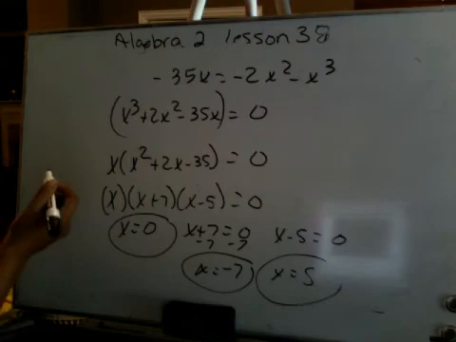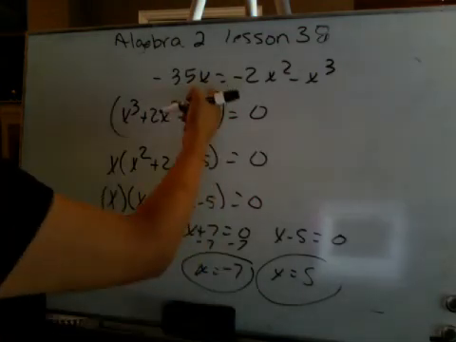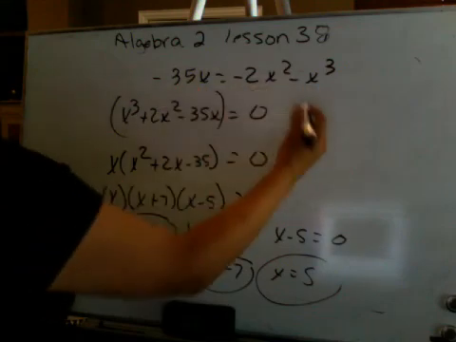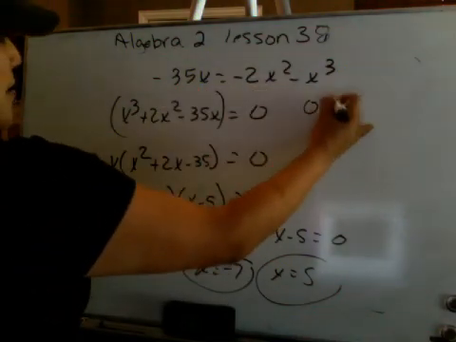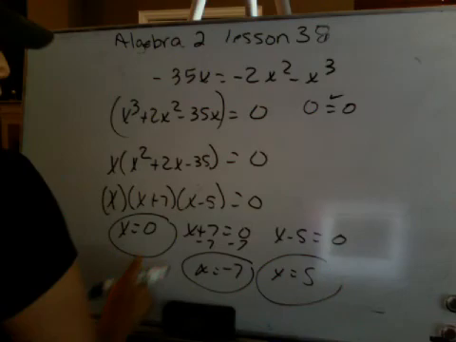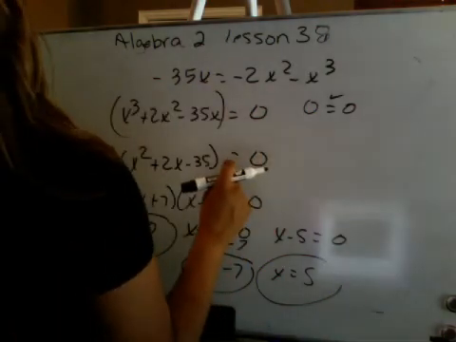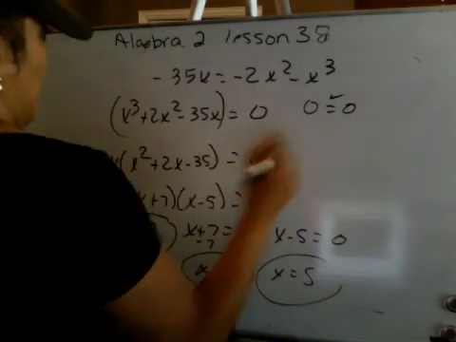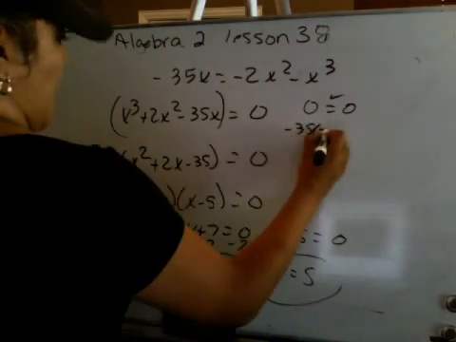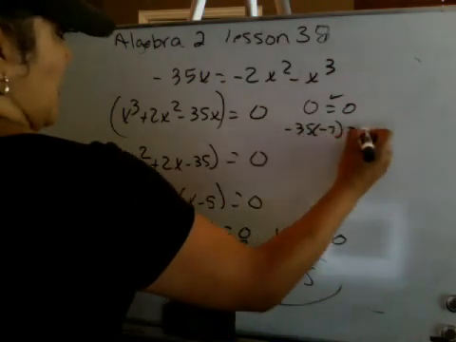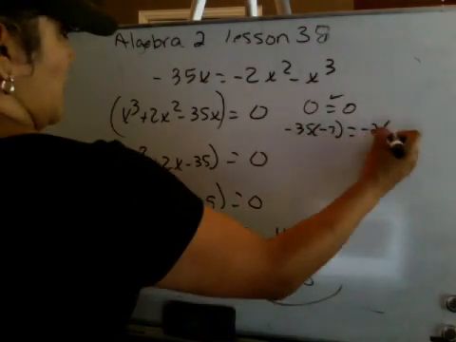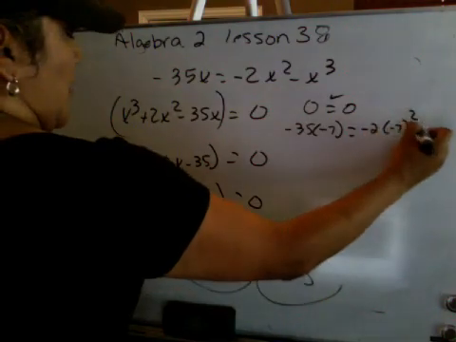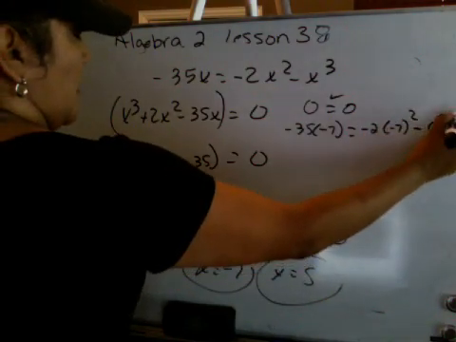So we've got to check our solutions to make sure they're right. So we go back and put 0 into here. Each one of them has 0, so 0 equals 0. So we know that one works. Let's try negative 7. I'm going to cheat and use the book. Negative 35 times negative 7 equals negative 2 times negative 7 squared minus negative 7 cubed.